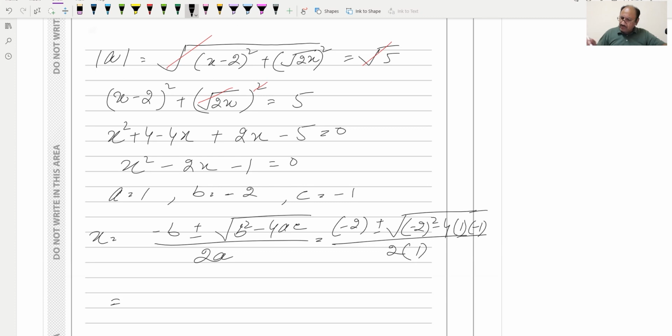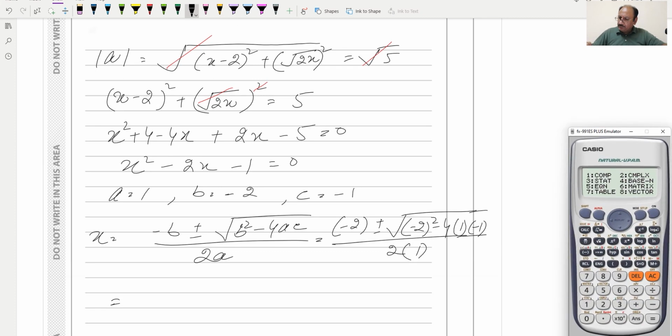So we can use a calculator to solve this, and this will be a fraction minus 2. First we'll take plus, then we'll take minus, so it will be in brackets minus 2 square and minus 4, and in brackets we can write minus 1 divided by 2 divided by 2.